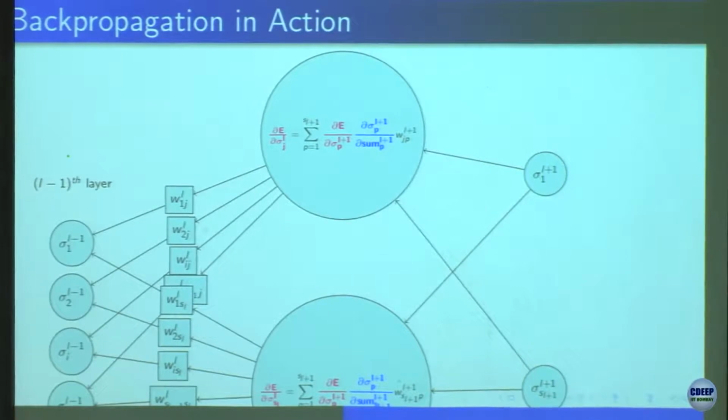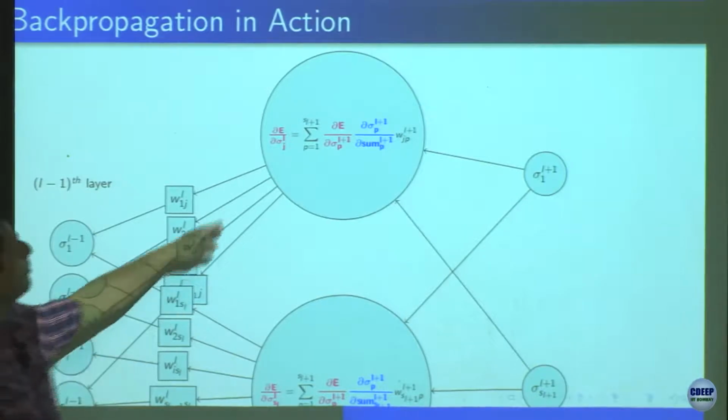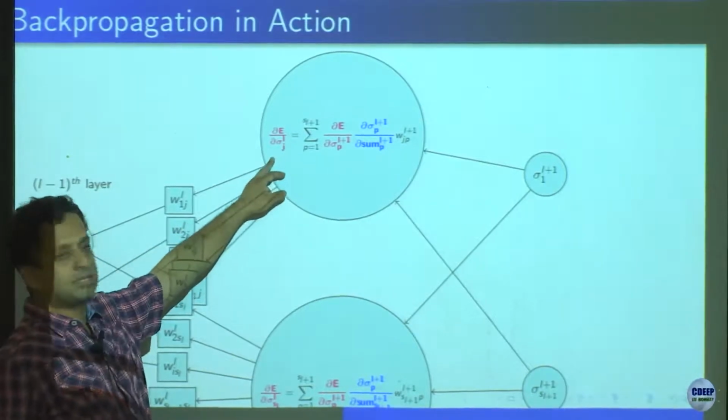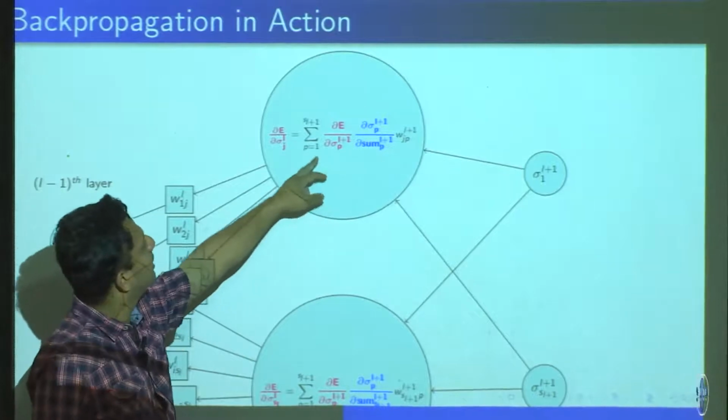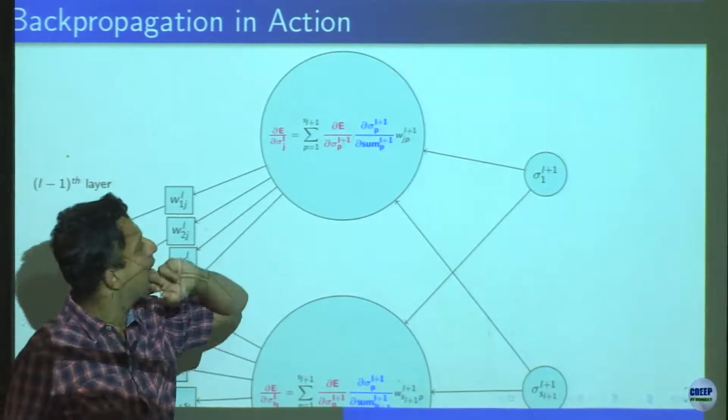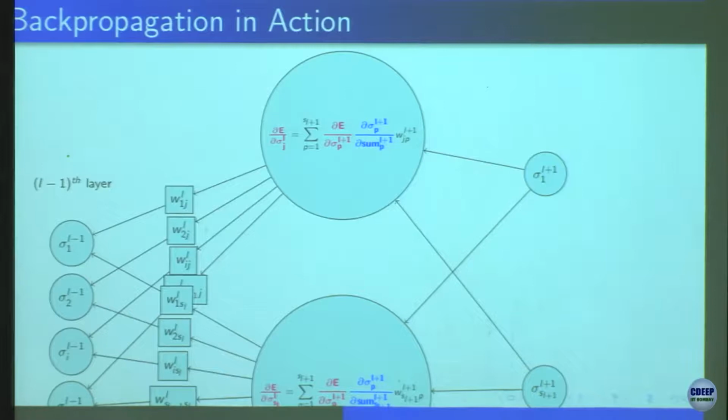I'm showing the same equations in this flow graph. Sigma JL. I made a small mistake here. I'm so sorry, I have not made a mistake. You will get some hint from the slide here.